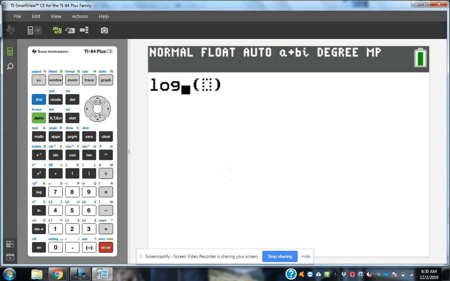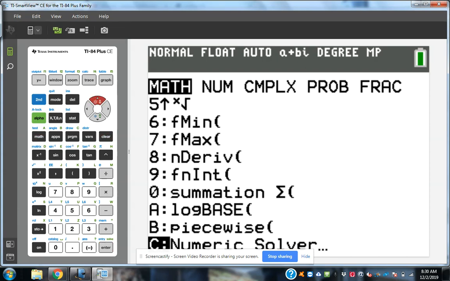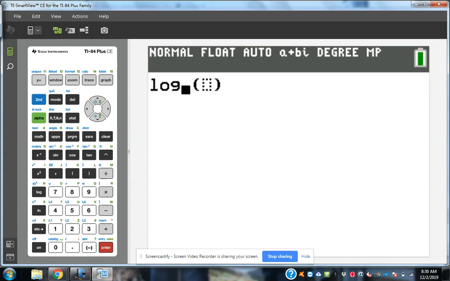And it should come up like this for most of us. So to find that again, you're hitting math, and then it's down toward the bottom of the list, so I just press the up arrow to get there. And log base, and then you put the base in, so it's a base 2, press the right arrow key, and what you're taking the log of, and hit enter.